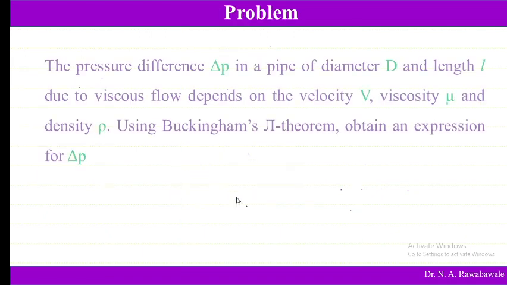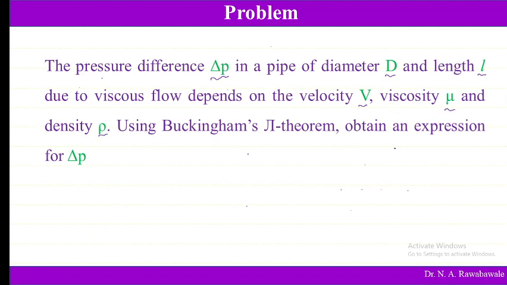So now coming to the next problem. The pressure difference delta P in a pipe of diameter D and length L for viscous flow depends on velocity V, viscosity mu, and density rho.